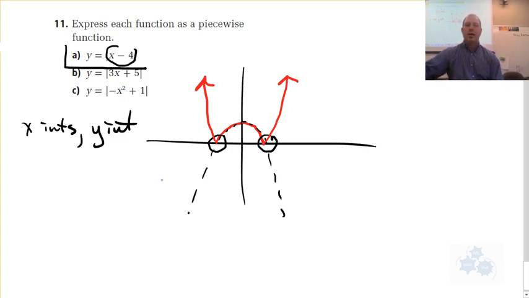One other thing I'll say, so this is going to be negative 1 and positive 1, I guess, right? So how do you express a domain between negative 1 and positive 1? Anybody remember that? So this is going to be negative x squared plus 1 from negative 1 to 1.